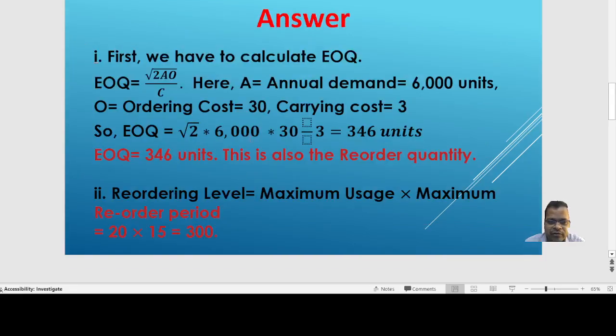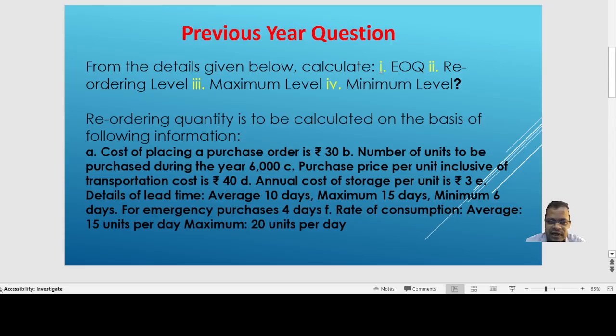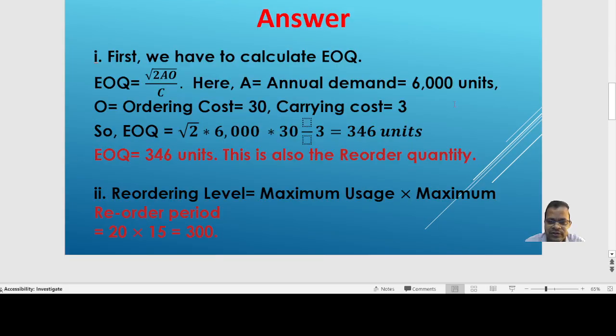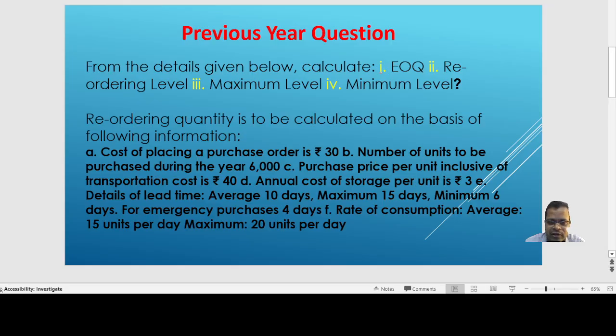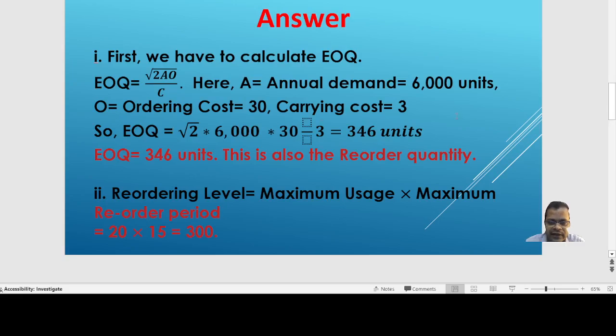First we have to calculate EOQ, because the question asks what is the EOQ level. EOQ is the square root of 2AO by C. Here annual demand is 6,000, as we have already seen, the purchase during the year is 6,000. Ordering cost, the cost of placing a purchase order, is 30, and the carrying cost is 3.